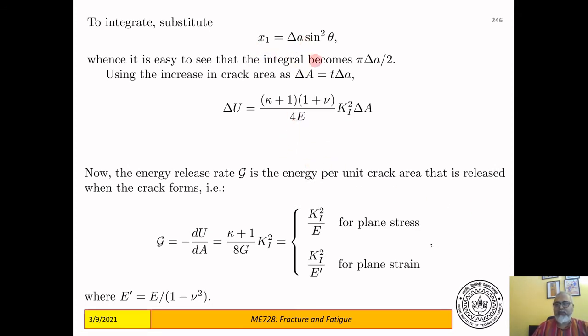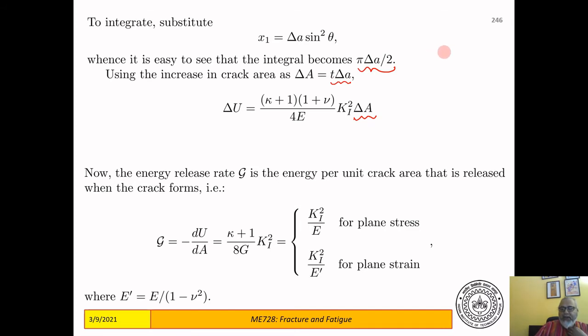It's an easy integral to evaluate. You can make the substitution, and the integral comes out to be pi delta a by 2, and use the increase in crack area delta a equal to t delta A, and so you have delta U equal to this, and then take the derivative of this with respect to delta A. Kappa you can use for plane stress and plane strain; there are different expressions.